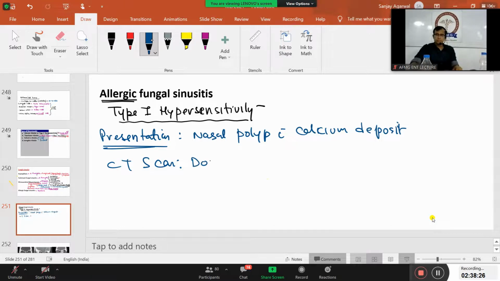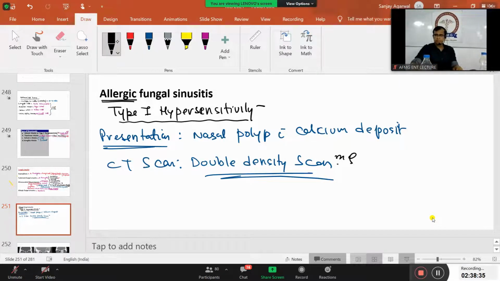This is called double density scan. Very important. In a normal polyp, you will see single density. In allergic fungal sinusitis, you will see double density. It is also called heterogeneous. Heterogeneous means more than one.